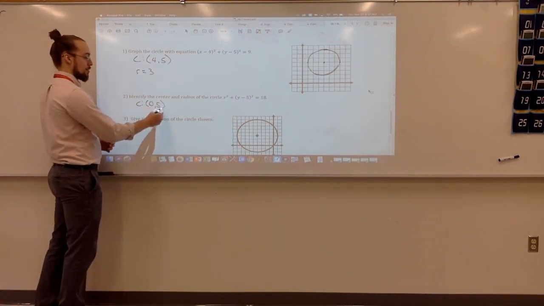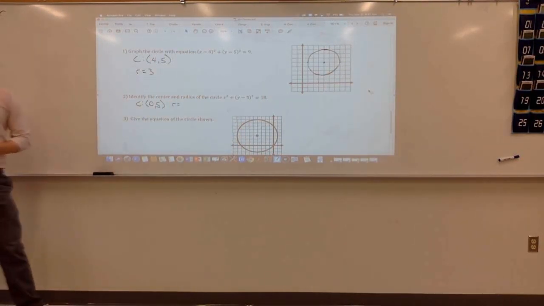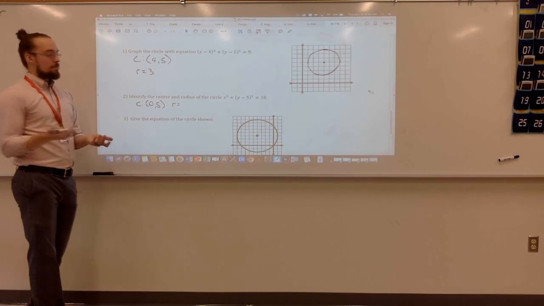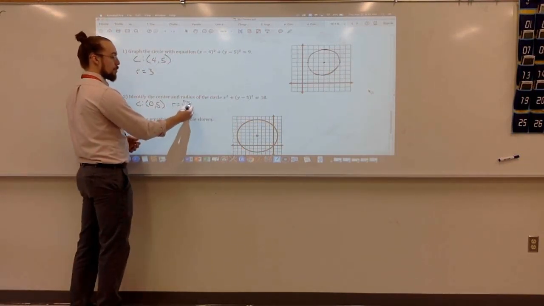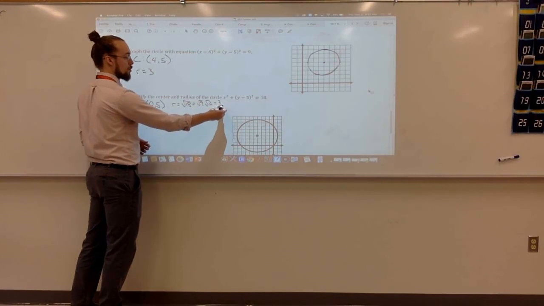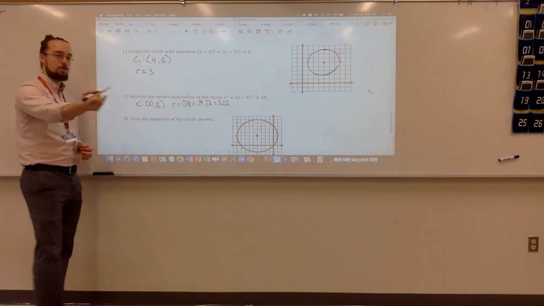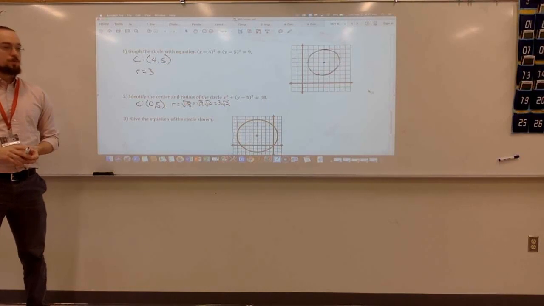And what's the radius? The square root of 18, right? Which, if we wanted to simplify that, we could break that into the square root of 9 times the square root of 2, which would be 3 radical 2. Which, as a decimal, would be like 4.2.